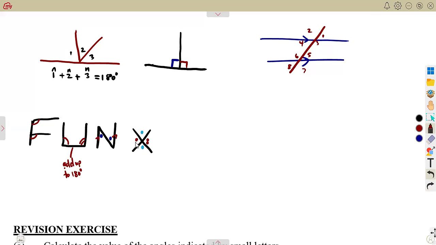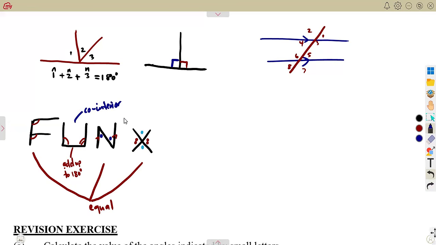So these are the major properties of what you're going to have. From the corresponding to the alternate angles to the vertically opposite angles, these are equal. It's only the co-interior angles which add up to 180.